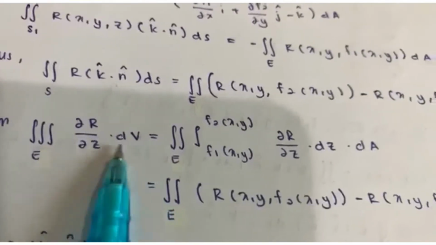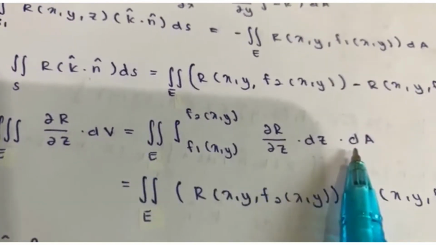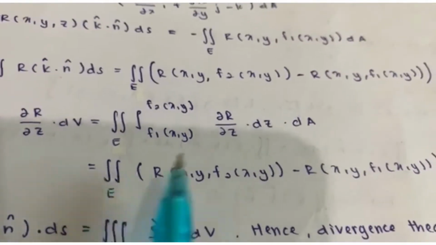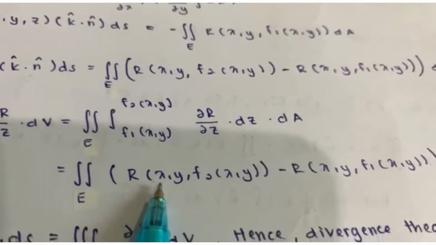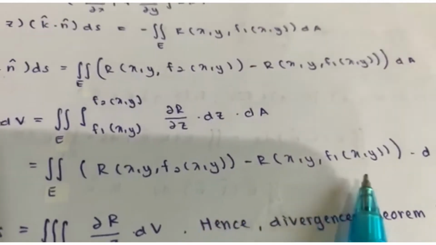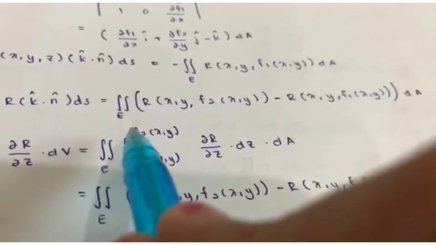we expand it, substitute the del R over del z dz dA, and then we get the double integral over E, and then we get R(x, y, f2(x, y)) minus R(x, y, f1(x, y)) dA. We just substitute this part.